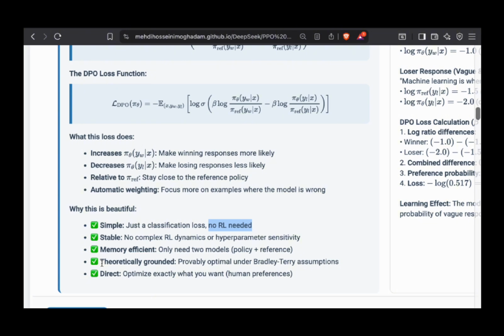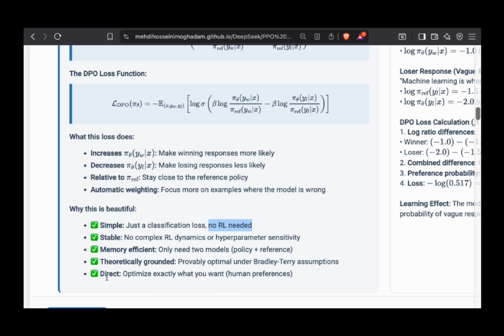Theoretically grounded. As you saw, the way that we extracted it from the equations and the Bradley-Terry assumptions gives confidence and accuracy that what we made is correct, and it has a strong mathematical foundation behind it.